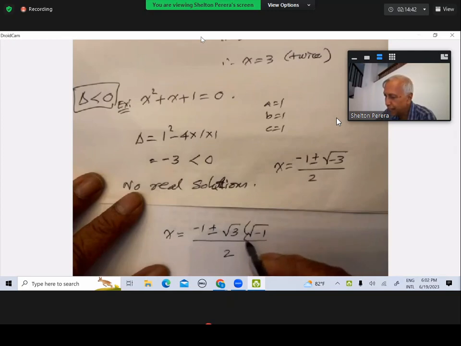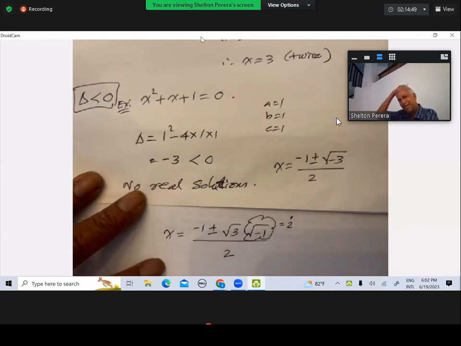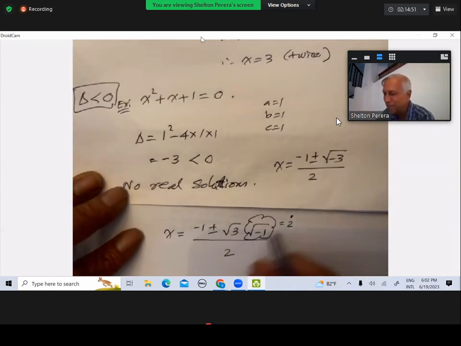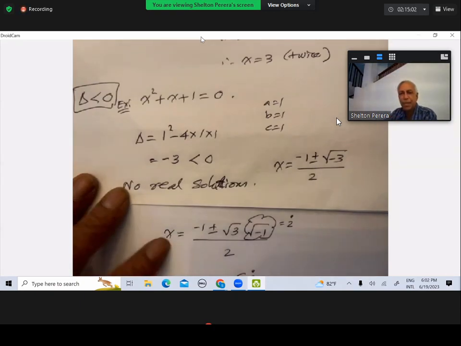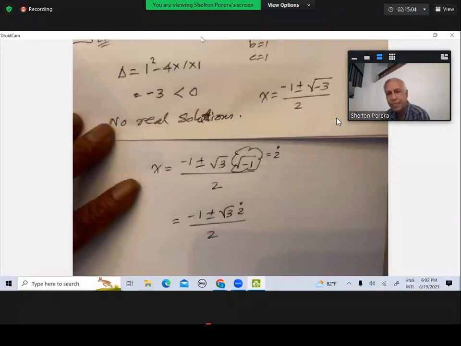Now square root minus 1, that's not a real number, this is i. We did this during the orientation, but anyway, if you are not there, don't worry. Minus 1 plus or minus square root 3 i over 2. These types of numbers are called complex numbers.